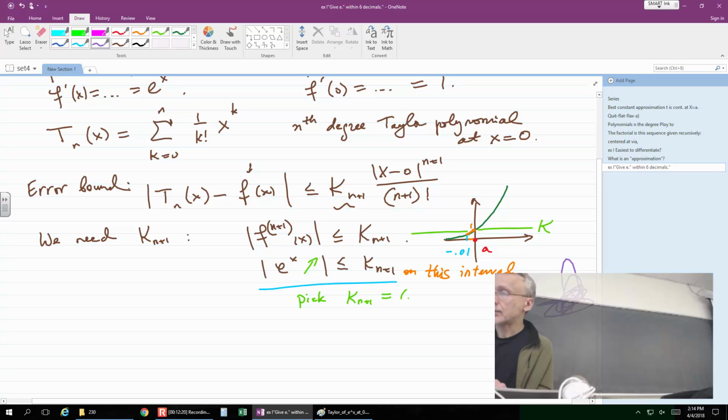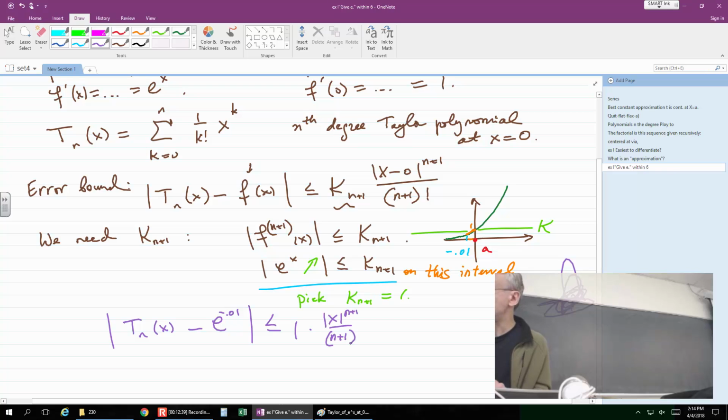Tn of x minus f of x at negative 0.01, that's what we're looking at, is less than or equal to 1 times x to the n plus 1 over n plus 1 factorial. So that's what my error estimate gives me.